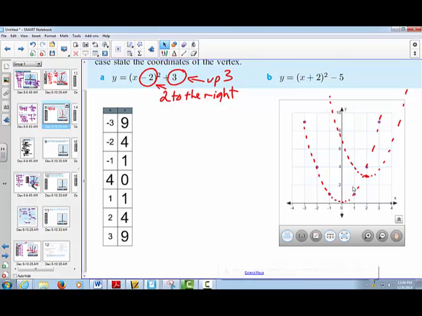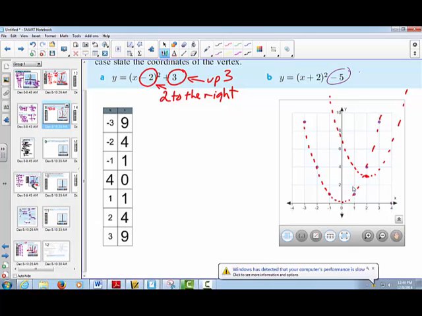Now, what about the other one? Down 5 to the left. So I'm going in the opposite direction of the sign. I'm going to take that same thing. We can't show the down 5, but I know this point's going down 5 as well.